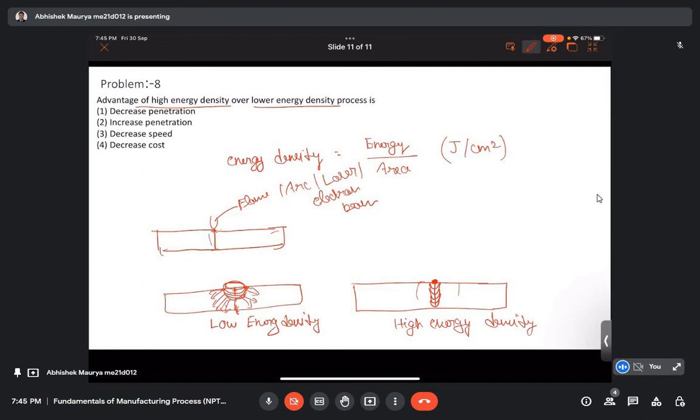By applying energy for less time we get higher depth of penetration, whereas in low energy density the depth of penetration was less, and we got a vast heat affected zone, which was not desirable at all. So the correct answer is increased penetration. If energy density is high, the penetration will be higher.